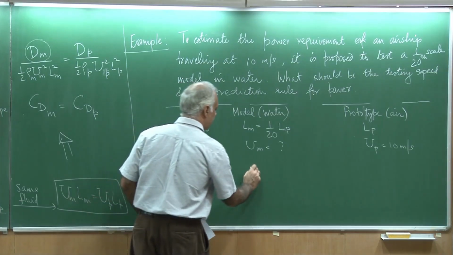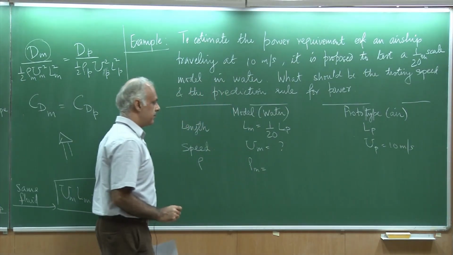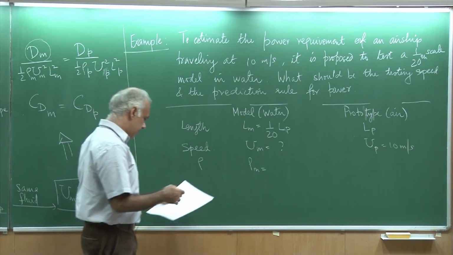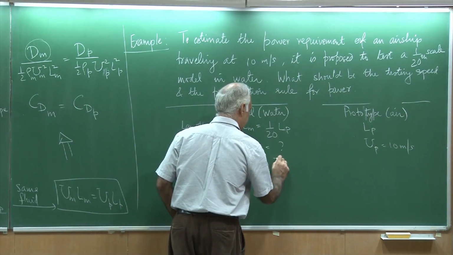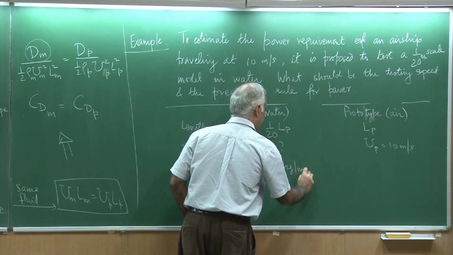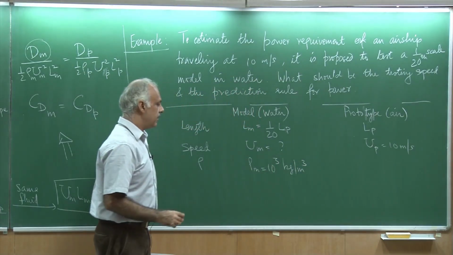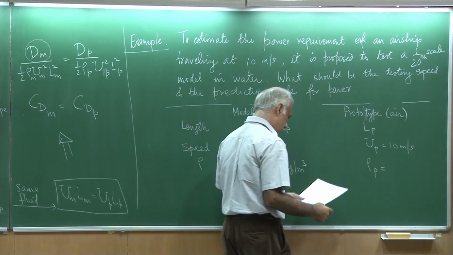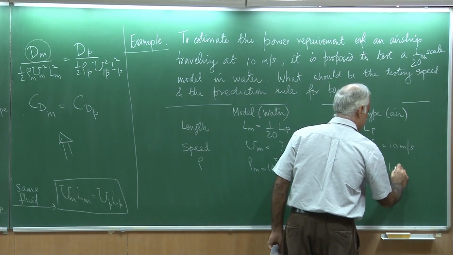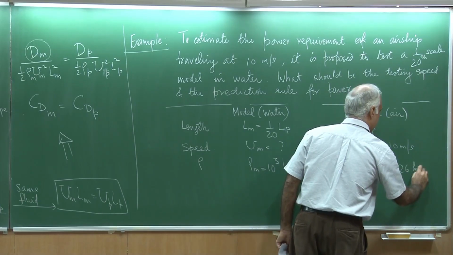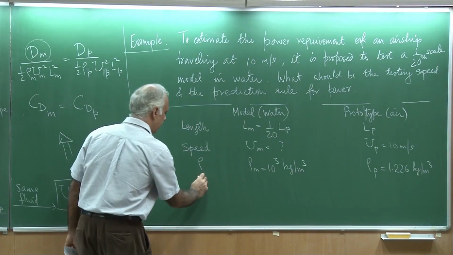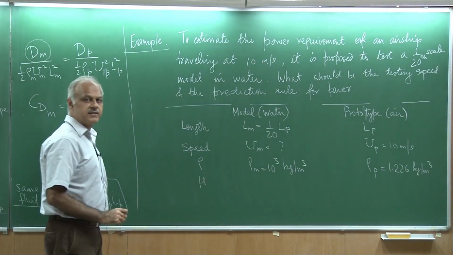So the rho for the model in water, I am going to write down the density of water, that is 10 to the third kilogram per meter cube, but the prototype operates in air. So this is going to be 1.226 kilogram per meter cube. Let us look at the viscosity.